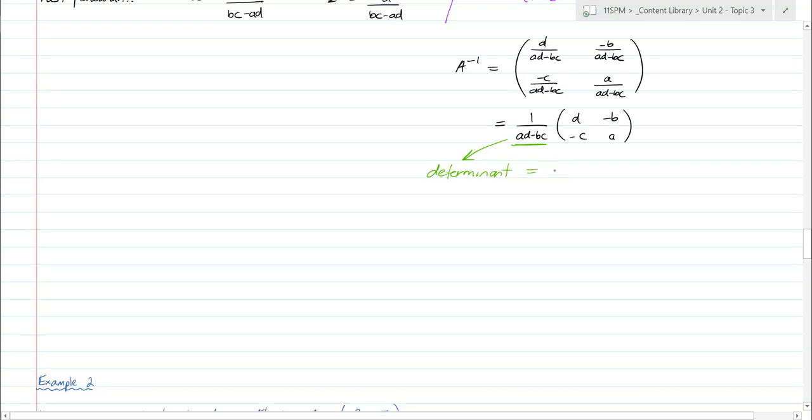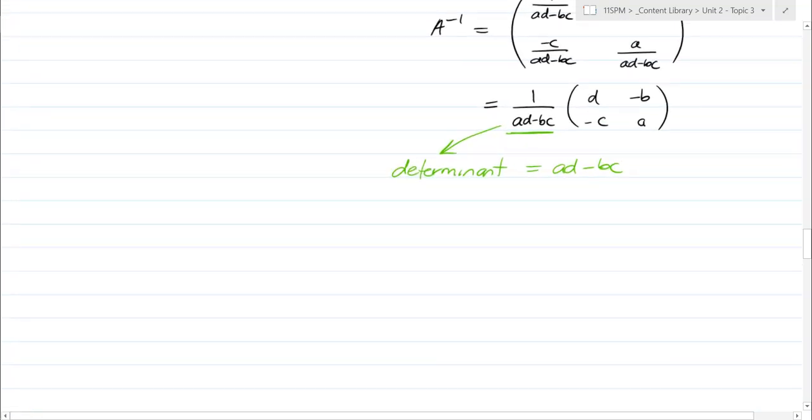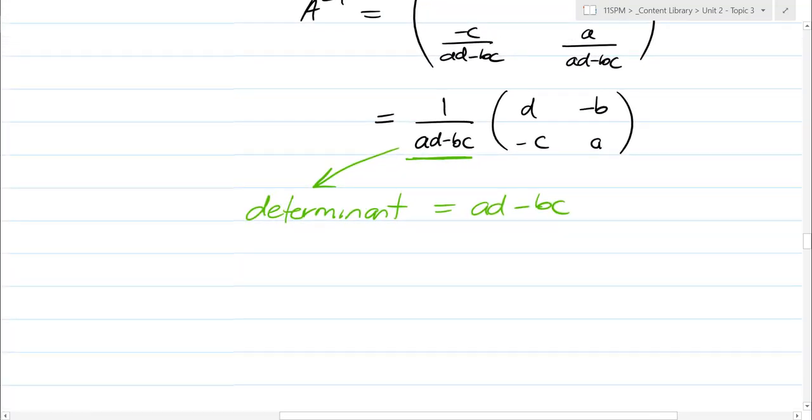So determinant equals AD minus BC. And that will be really important. So you'll be asked in this exercise and the two exercises that are quoted, you'll be asked to find your determinant, your inverse, and maybe talk about the identity matrices. The determinant is really important because it helps you to find the inverse.